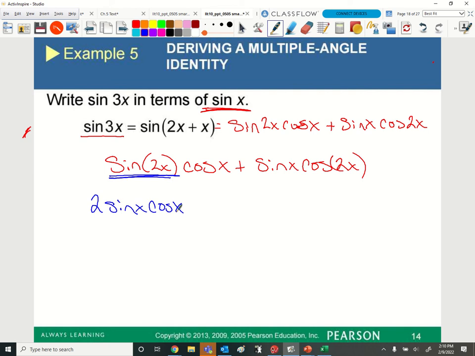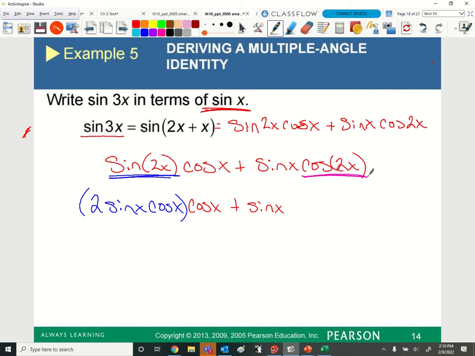That's just this. Times, bring down my cosine x. So that's this one right there. Bringing it down. My plus sine x. But now I have that cosine 2x.